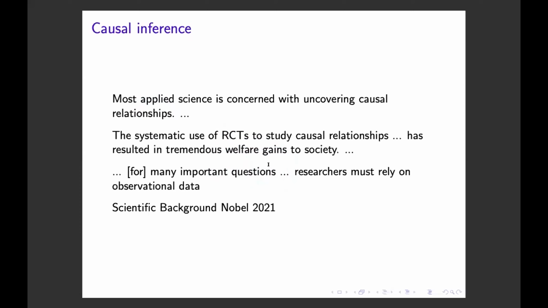So 2 frameworks have made causal inference very explicit mathematically. One is the Rubin causal model, and the other is the graphical causal model of Pearl and other scholars. The potential outcomes, the Rubin causal model, is now very influential in economics. And Imbens, of course, has worked with Rubin, and Imbens was one of the Nobel Prize winners this year.